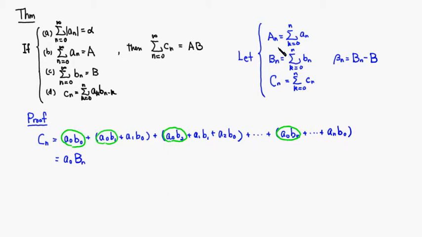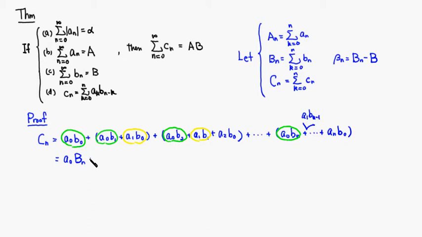All right, then next look at the terms with A1 in them. So A1 B0, A1 B1, A1 B2, and so on. And the last one would be A1 B_{n-1}. Maybe I should have written that. So here there's a term A1 B_{n-1}.